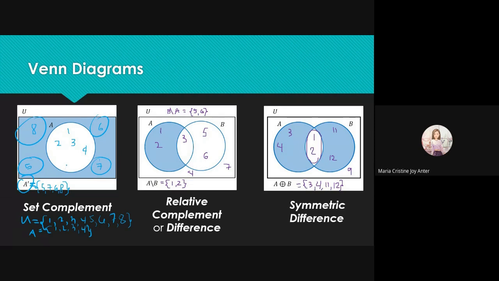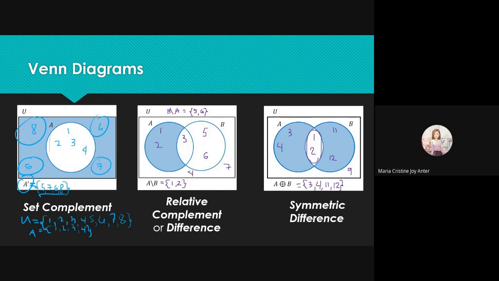Hence, you can say that the complement of set A is 5, 6, 7, and 8. They are outside and not inside A. That is the complement. Okay?